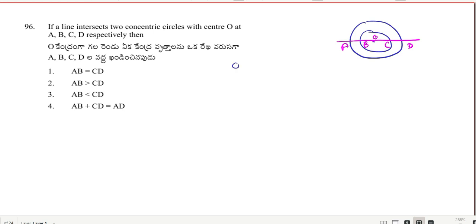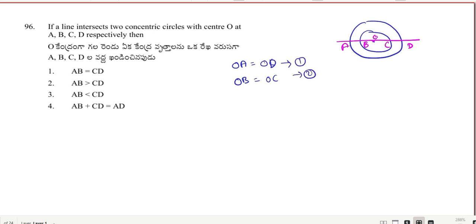If you take OA, OA is the radius of the outer circle, and OD is also a radius of the outer circle. In the same manner, OB is a radius of the inner circle and OC is a radius of the inner circle. Now, I'm going to subtract these two equations.